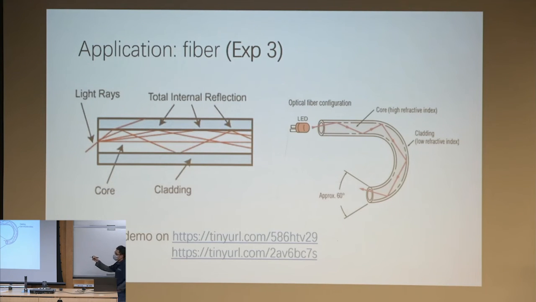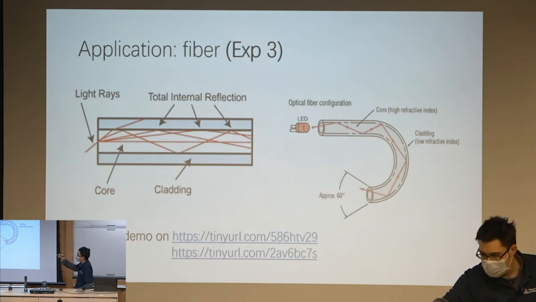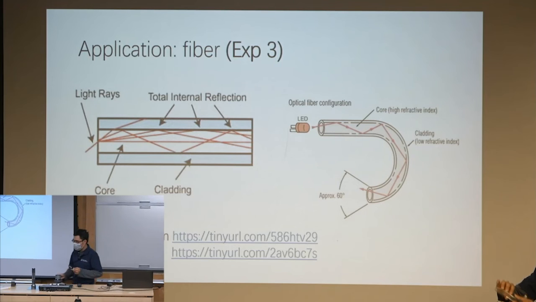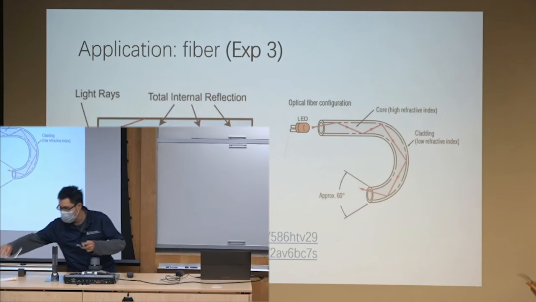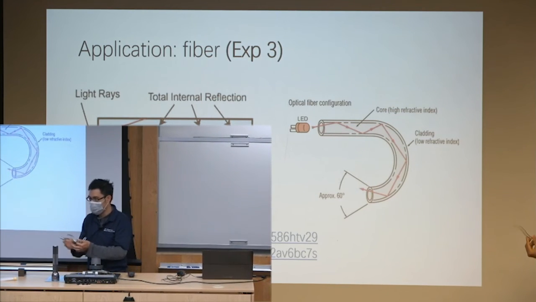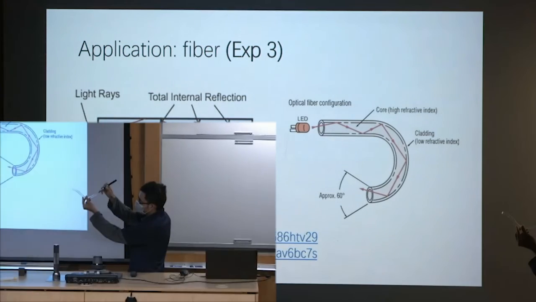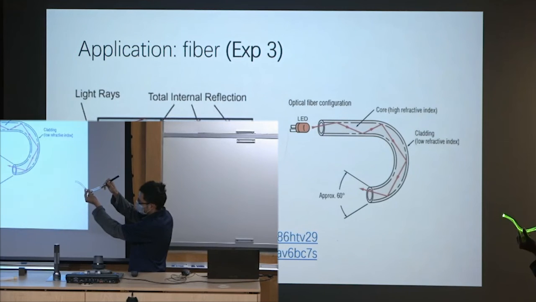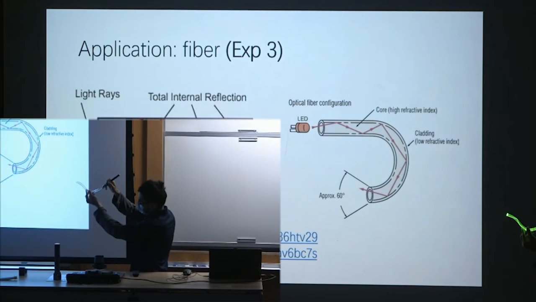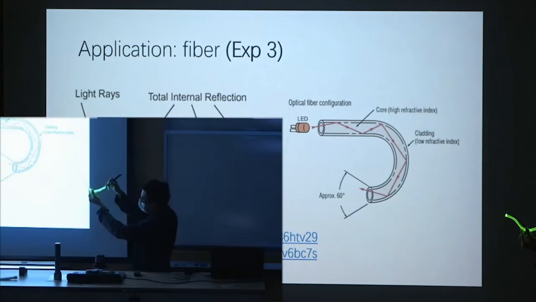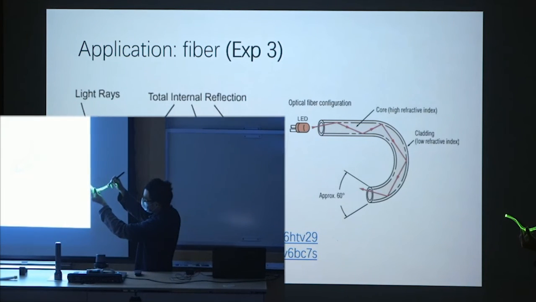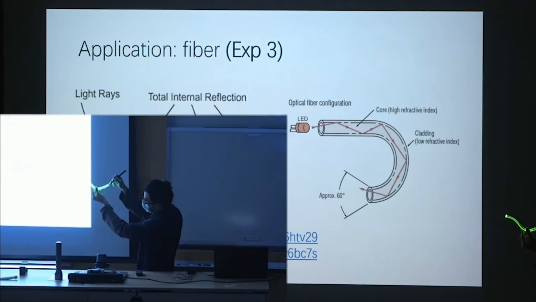The most important application of total internal reflection is the fiber. You can see there are a couple of glasses on the table. If I use my laser pen to go through the glass, you can see the light will come this way.